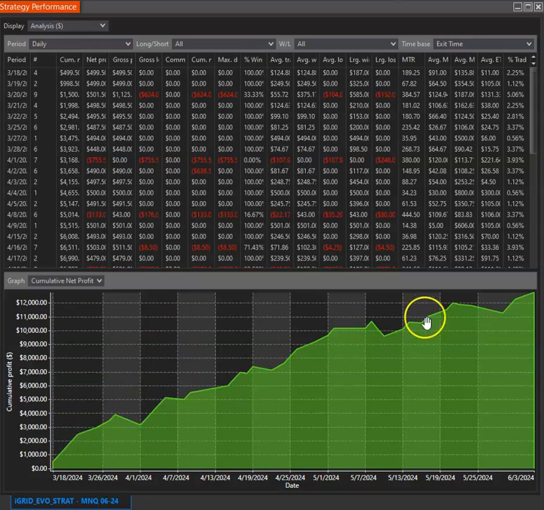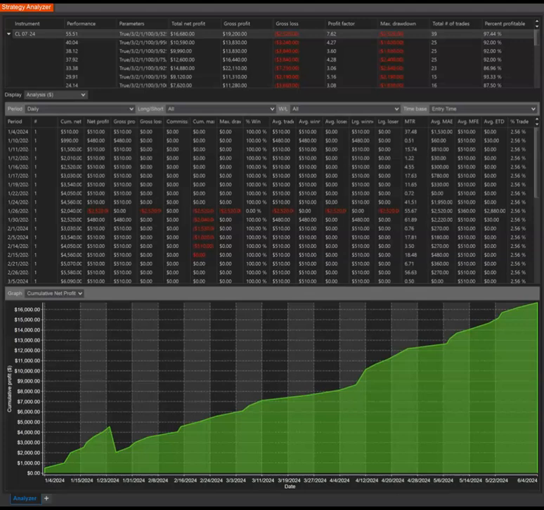So hey, that I can live with. That's a workable equity curve. So here's the equity curve from the beginning of the year till now.